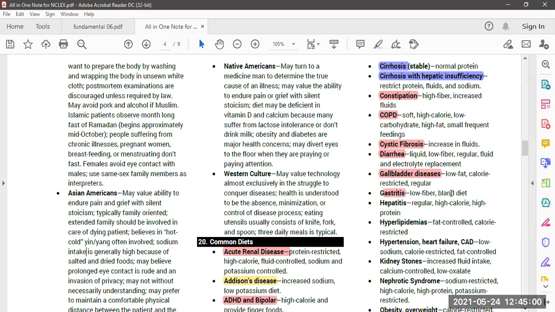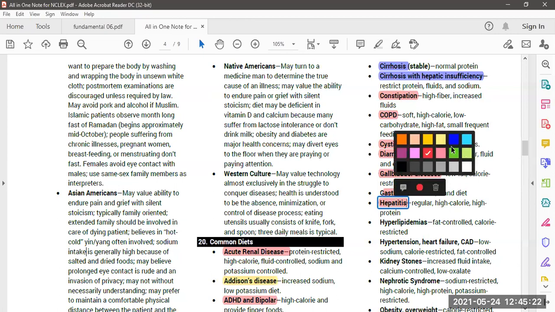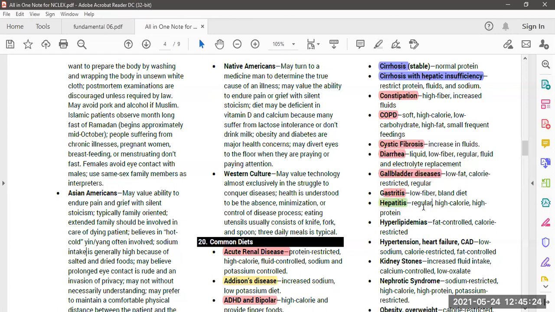Blend diet for the patient who have gastrointestinal problem like colitis, Crohn's disease, or gastritis. If patient has a problem in the liver, what kind of food we will provide them? We provide them regular high calorie, high protein. You see, high calorie, high protein.